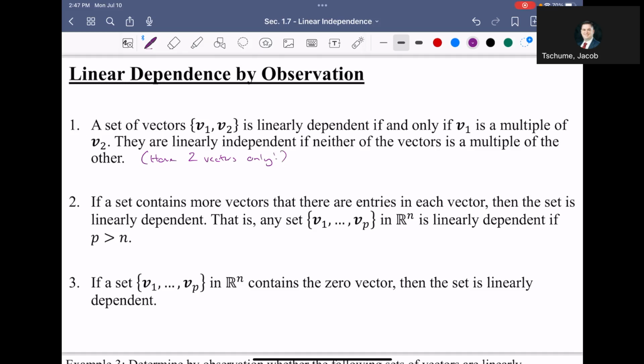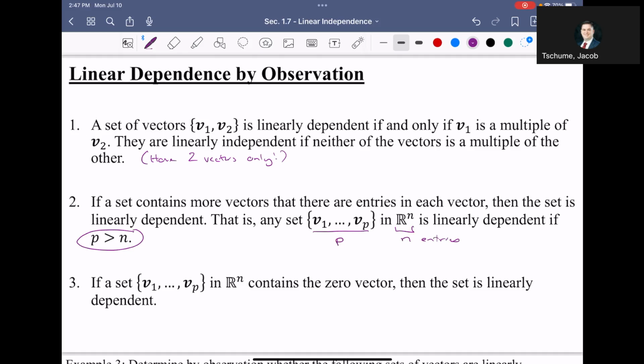We'll call it shortcut 2. If a set contains more vectors than there are entries in each vector, then the set is automatically linearly dependent. Thinking dimension-wise, if you have a set of p vectors and each of them has n entries, so there are n numbers down the vector, it will be linearly dependent if the number of vectors p is greater than the number of entries n.